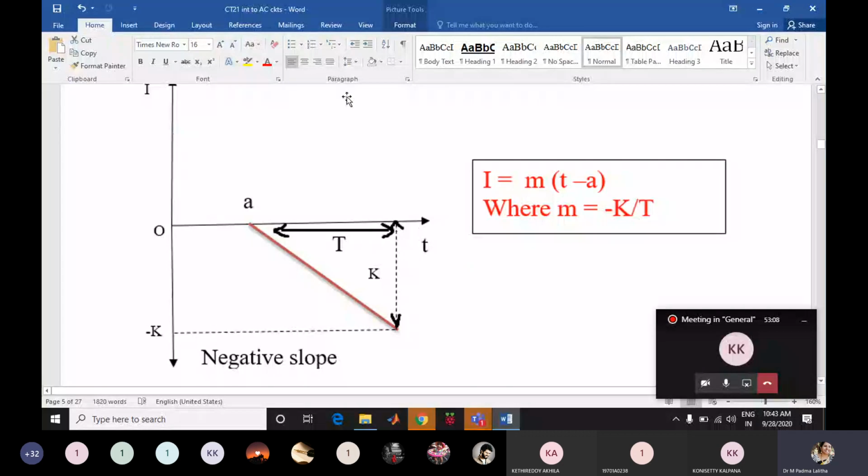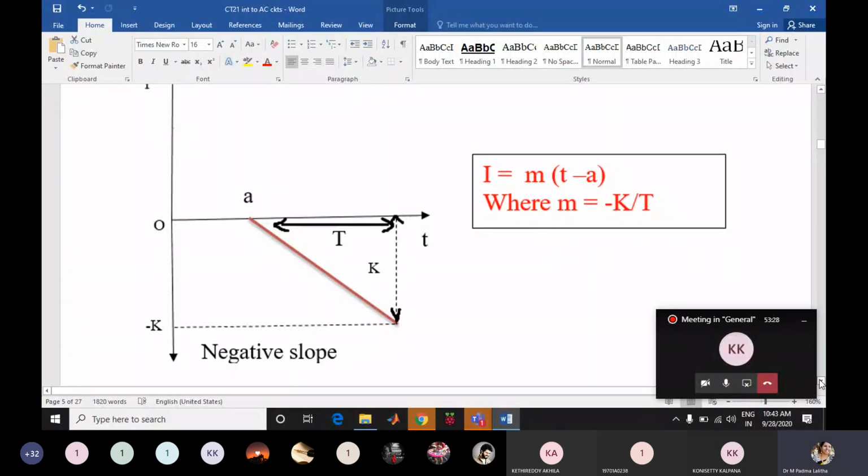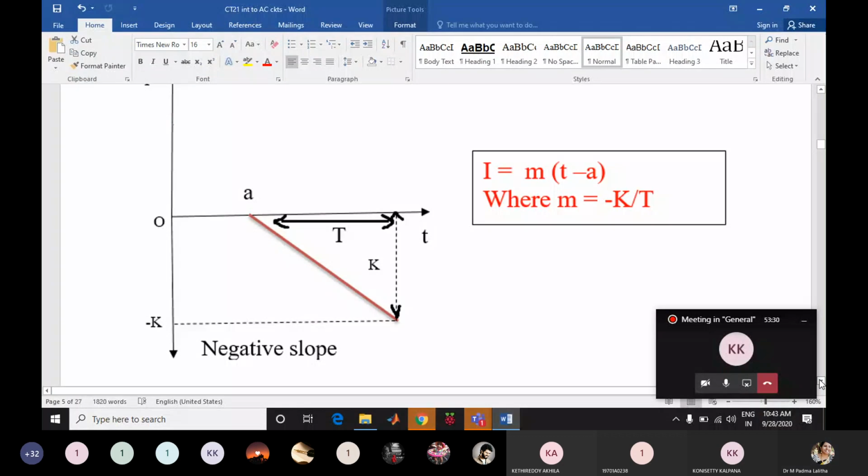What is the difference between this one and the previous one? m is negative here, whereas in the previous case the slope is positive. Here again, m is the vertical difference k by the horizontal difference. The only thing is, because it is negative, it is minus k by t. That is how to express this line.